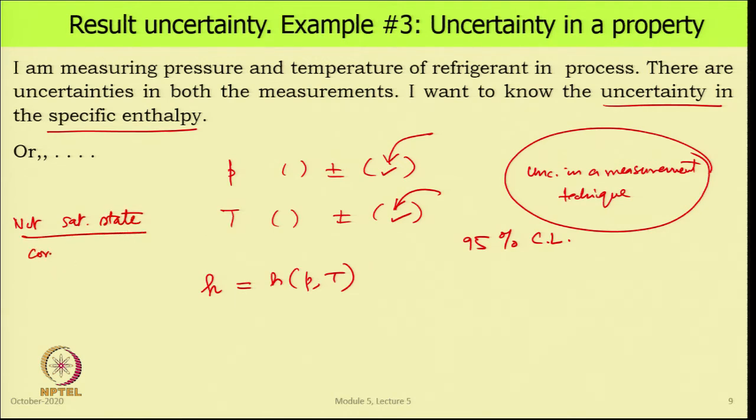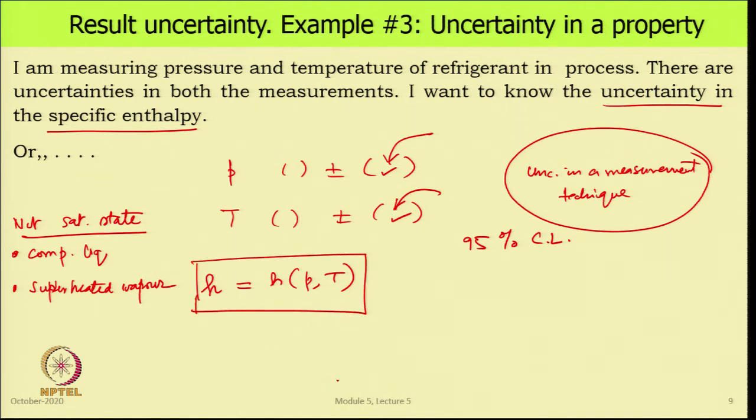So, either it is a compressed liquid or it is a superheated vapor. In either of these cases, there is somewhere out there an analytical expression for H as a function of P and T. It will have many constants and a very complex form, or it could be a limited type of correlation, which is not the best thing to work with, but it is easy and convenient.